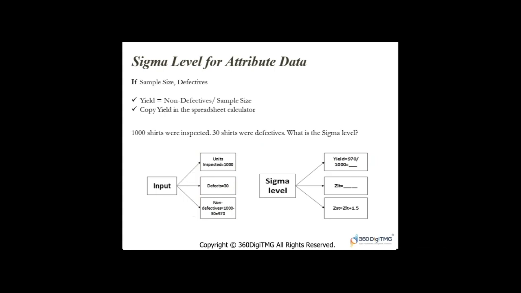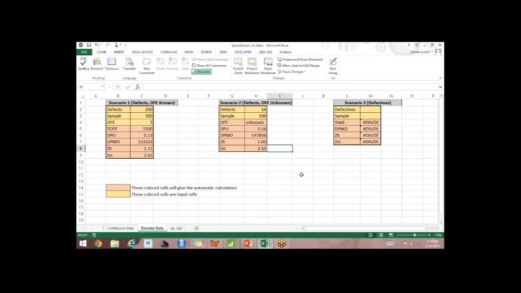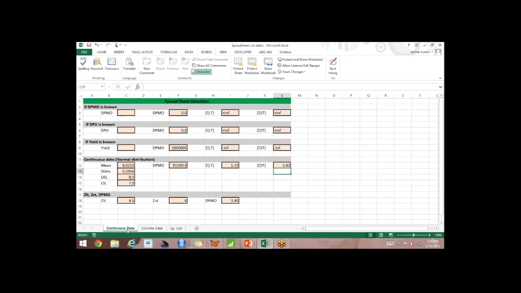Lazy folks, I can help you out. Right? See, this is what you can do. If you know the yield, key in the yield value here. If you calculated DPU, key in the value here. If you have DPMO, key in the value here to get your Z long term and Z short term.